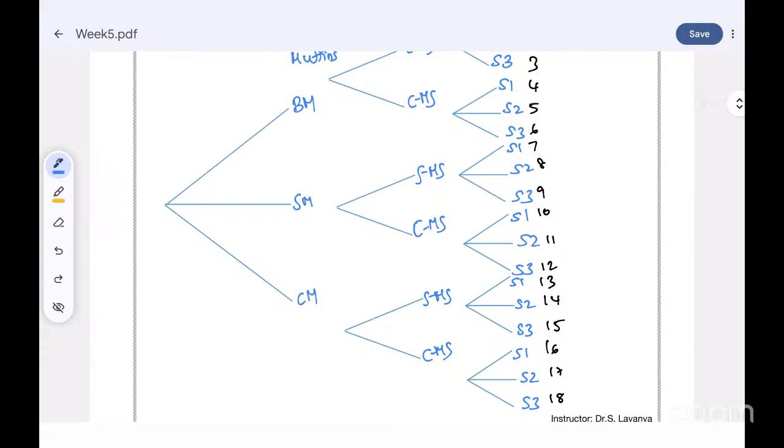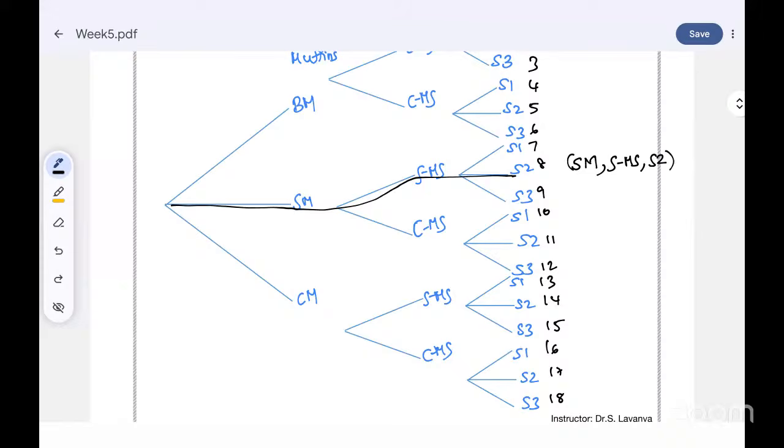For example, what does each branch of this tree mean? What is the particular option you have chosen from this tree? If I choose this one, what does it mean? You have chosen strawberry muffin, strawberry milkshake, and a snack too.